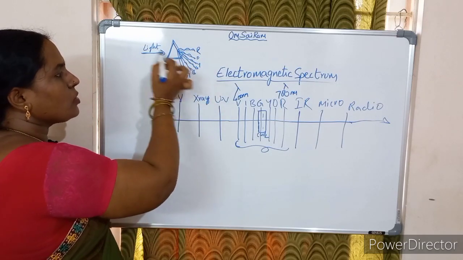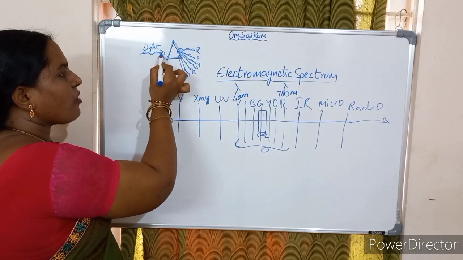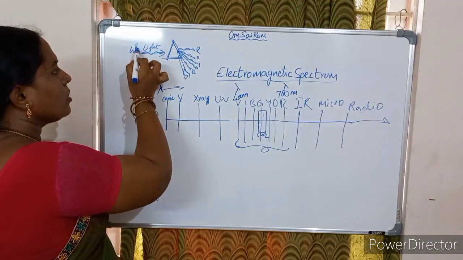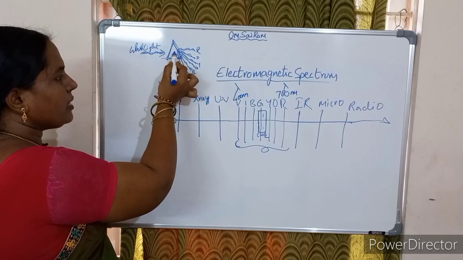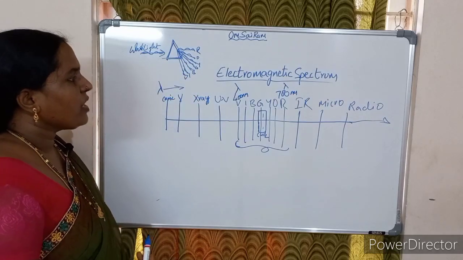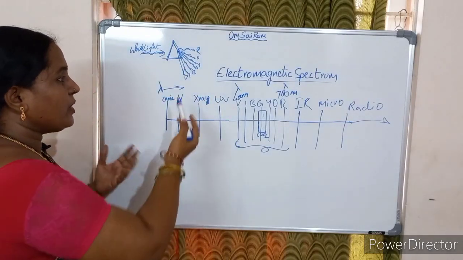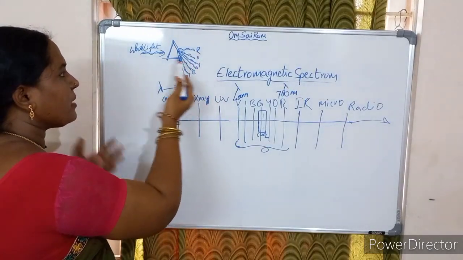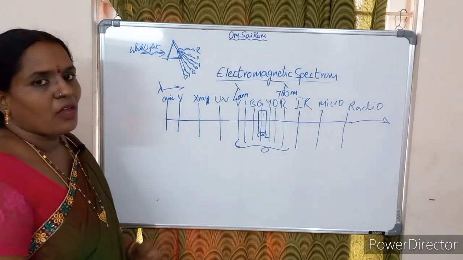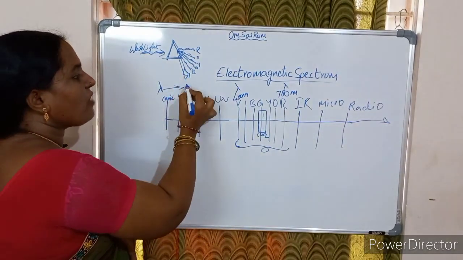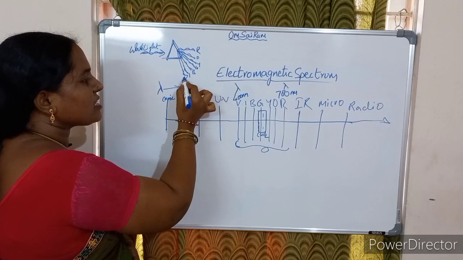All these waves together propagate in the form of white light. They combine to give white light, but when it is passed through the prism we can observe these radiations: violet, indigo, blue, green, yellow, orange, red, though it is visible to us as white light.